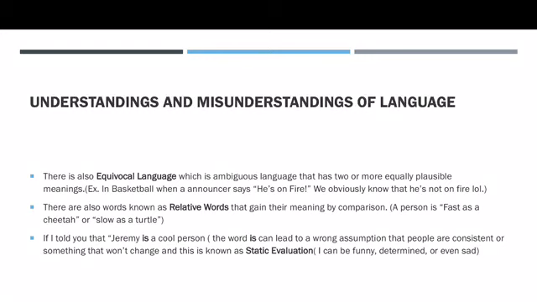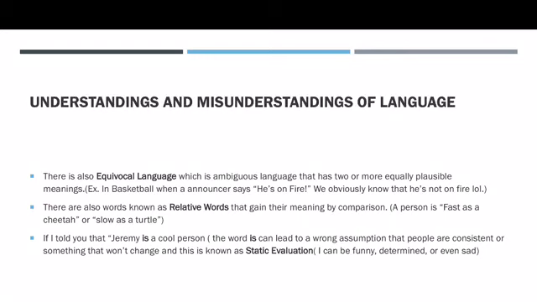But just saying that Jeremy is a cool person, people might think, he might be cool, but what are his other attributes? So that's when static evaluation comes into play.